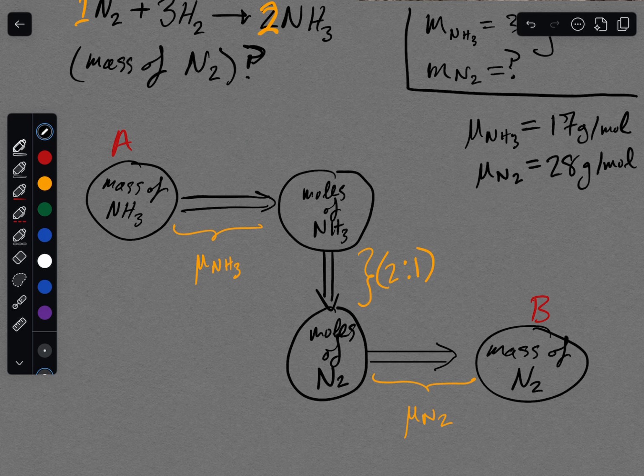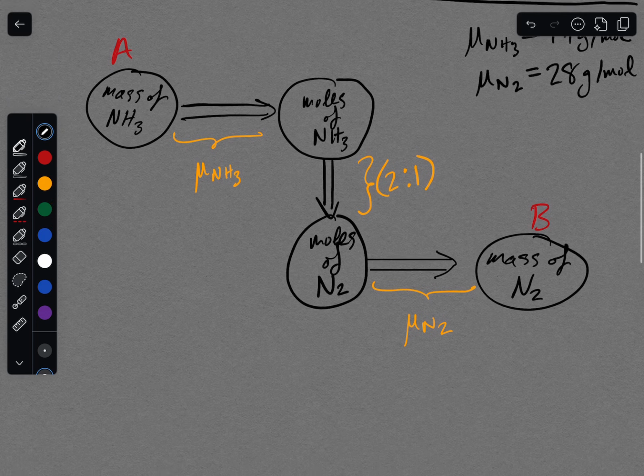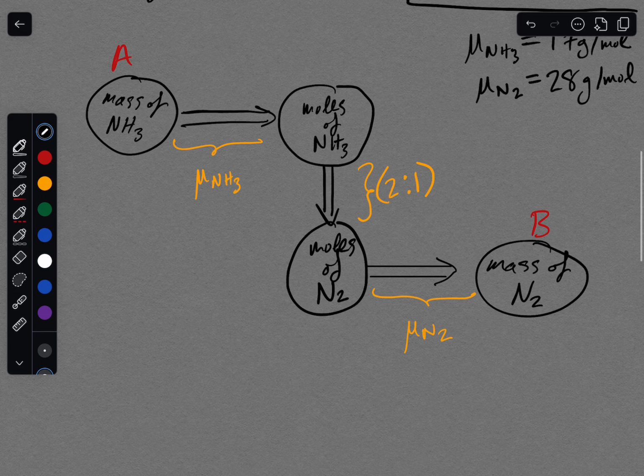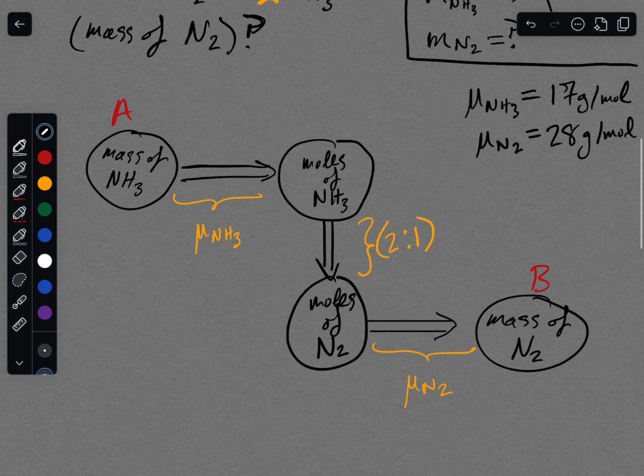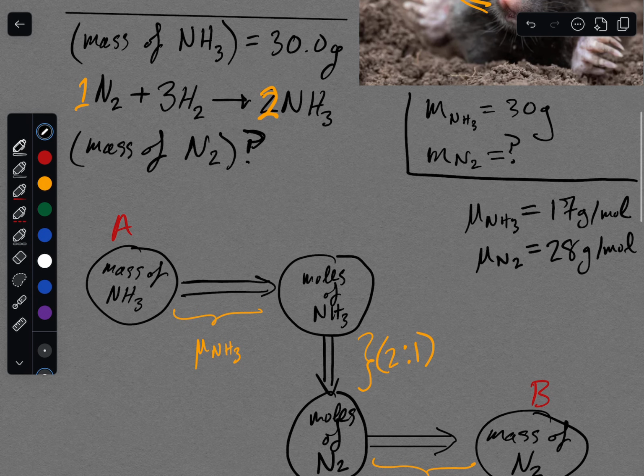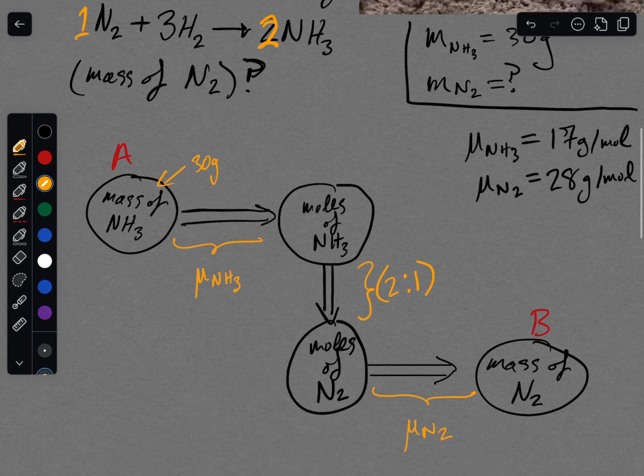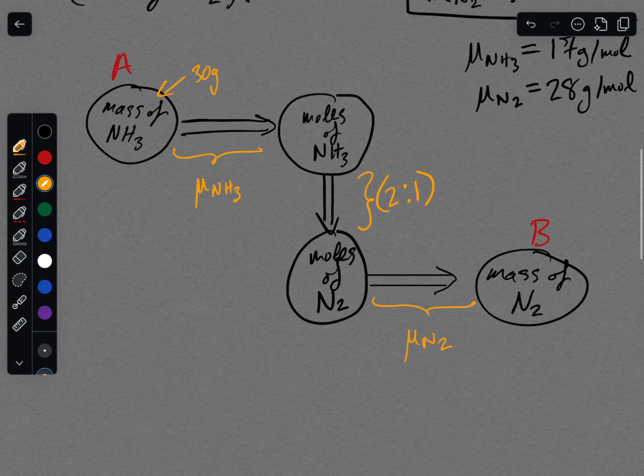Okay, so now this is all that I need to solve this problem. And I guess I need my starting mass, which was 30 grams. This is all the information we need in this little picture here. So I'm going to now go backwards.